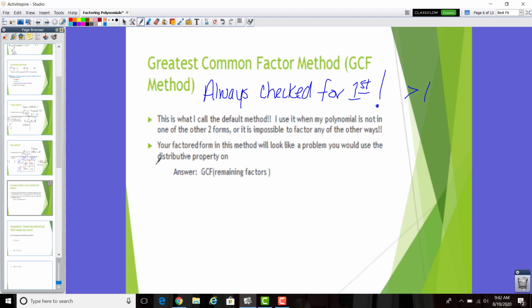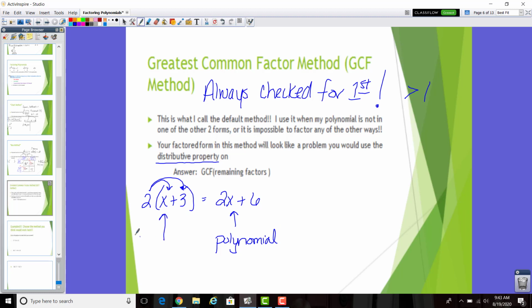This method is when we're undoing the distributive property. So if you guys remember the distributive property, that is when you have a number that needs to be multiplied into a polynomial. And in this case, we would get 2x plus 6. So this is our polynomial. This is the factored form of that polynomial, because we found that between the two terms, 2x and 6, they have a common factor of 2.